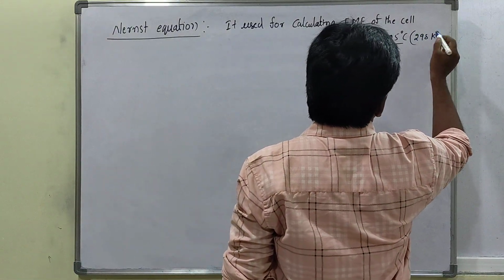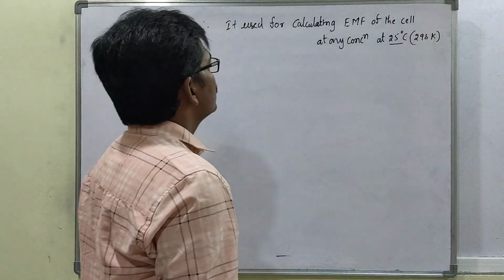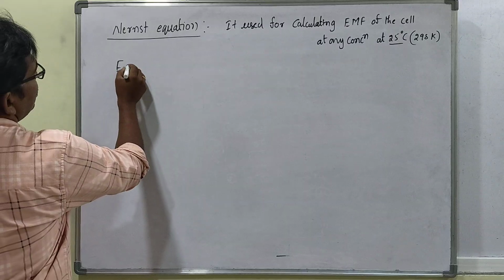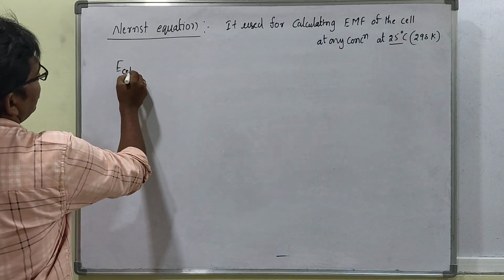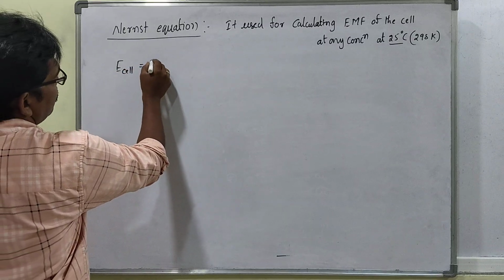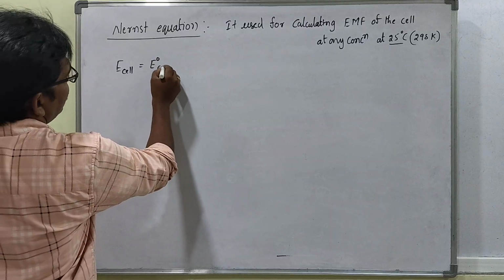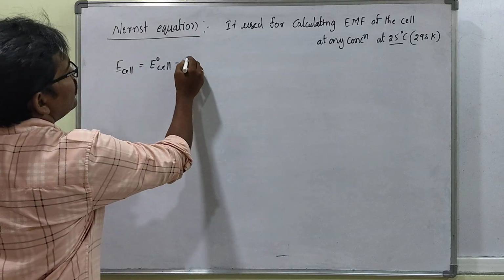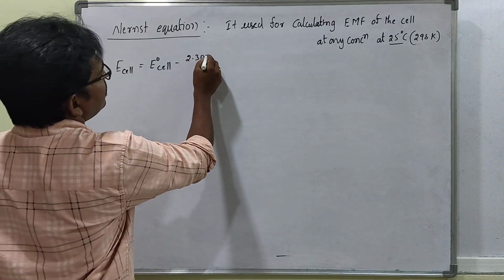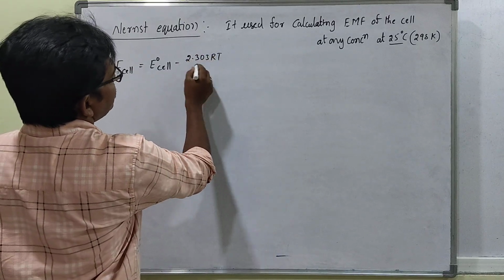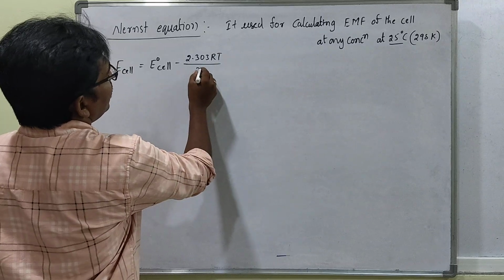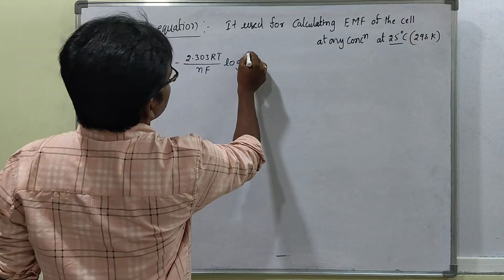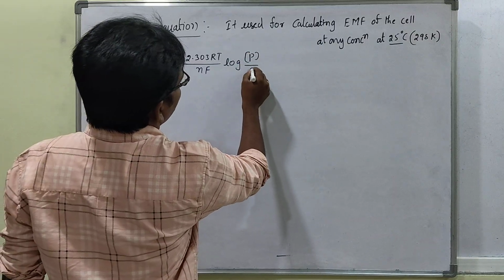If you use 298 Kelvin temperature, what happens? So what is the Nernst equation? E cell, nothing but the EMF of the cell, equals E naught cell minus 2.303 RT divided by NF log, product concentration divided by reactant concentration.